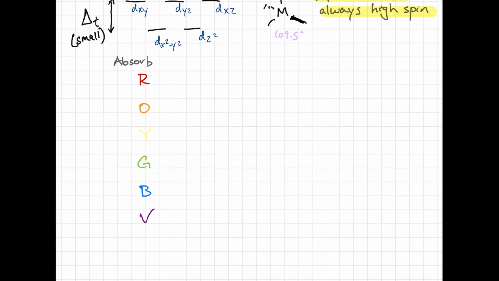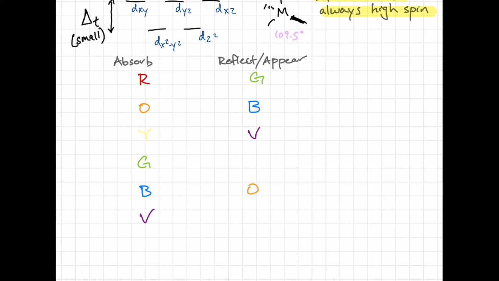So if you absorb red, then you appear green. If you absorb orange, then you appear blue. Green is red, sorry.